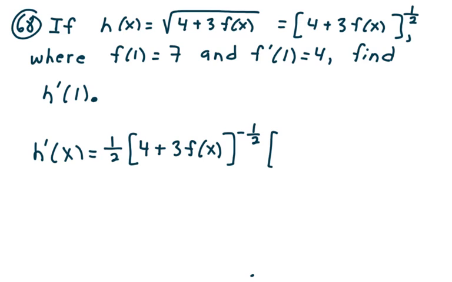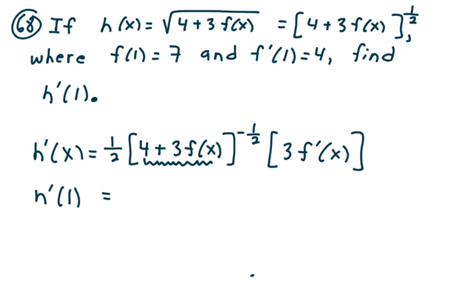And I'm going to multiply by the derivative of the inside function. The inside function is 4 plus 3f of x. The derivative of 4 is 0. And so we're just left with 3f prime of x. And so I'm going to replace x with 1. And so now 1/2 of 3 is 3/2.